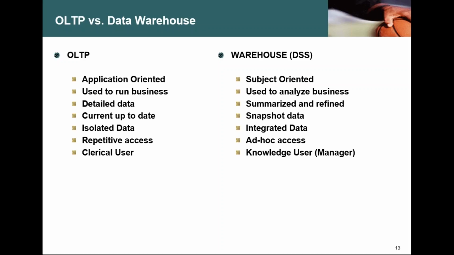But for the data warehouse, yes, this is very critical, but still it's not as much as OLTP. A clerical user is going to use OLTP, meaning the people who are running the business in the stores, those are kind of clerical users. But warehouses, only management will use the data warehouse.